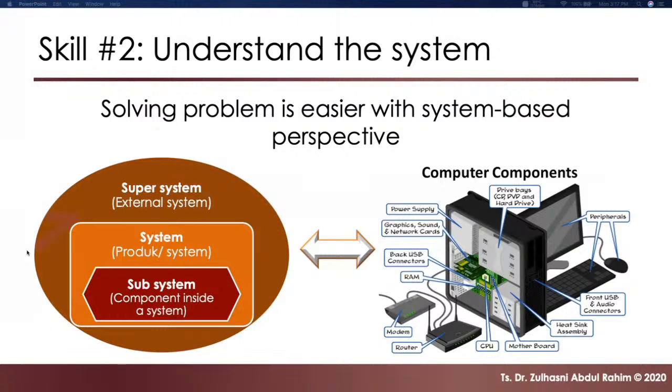So it is very easy for us when we adopt this so-called system-based approach. We can quickly identify where the component, the subsystem, the subcomponent has a problem, and what kind of problem they have, the functionality, and so on.